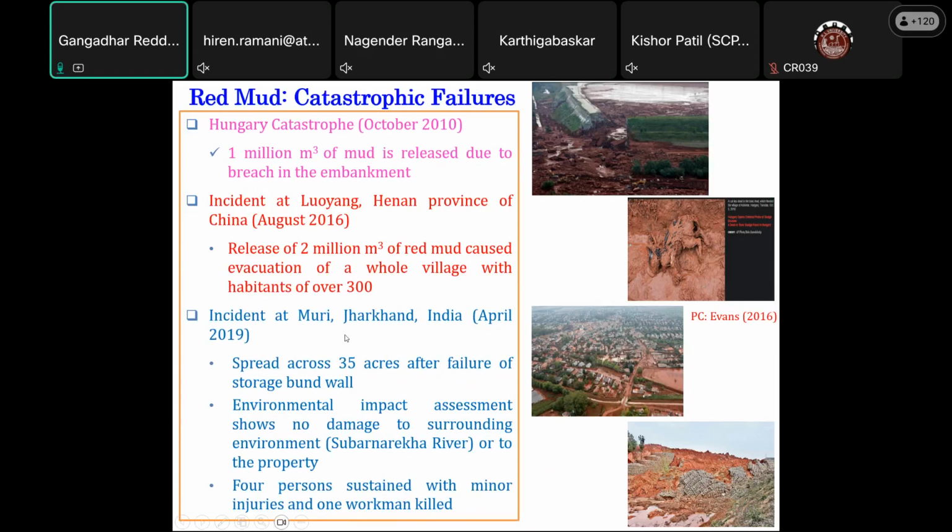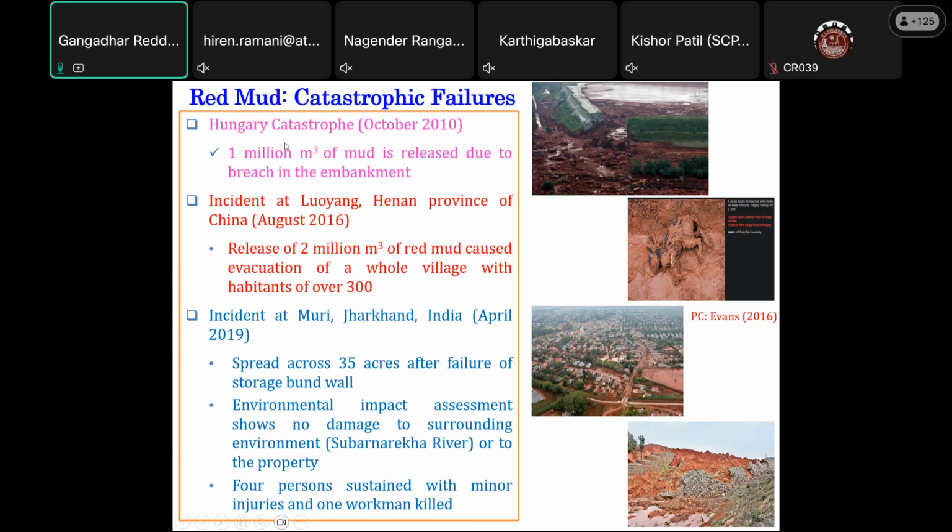Whenever you have such impoundments or disposal ponds, you need a proper embankment system. Failure of the embankment is caused by excess pore water pressure or by toxicity as well. Sometimes there could be embankment failure as well. You can see some of the failures I have listed here.